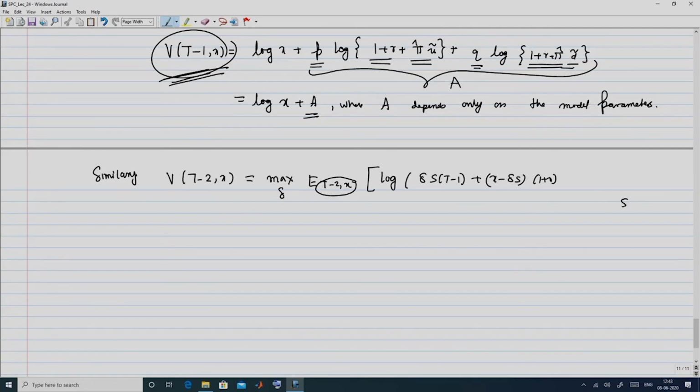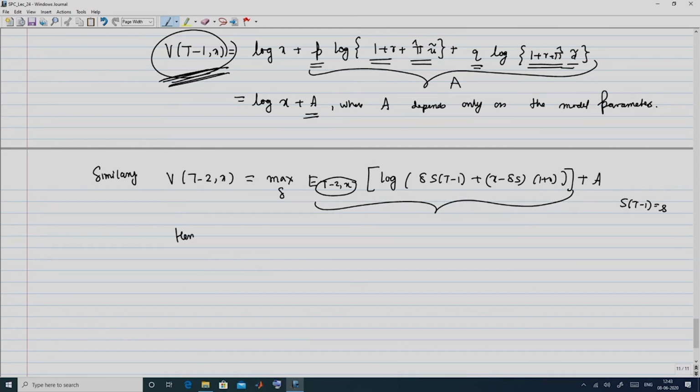So, here we take s of t minus 1 to be this dummy variable little s, plus of course some constant. So, you see that now this maximization problem again reduces to the same problem done at time t minus 1.